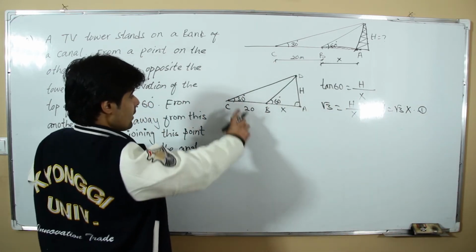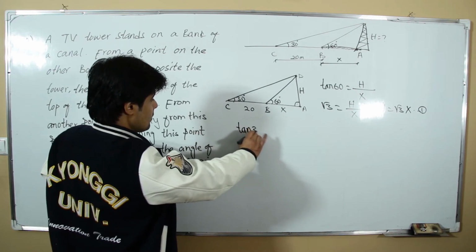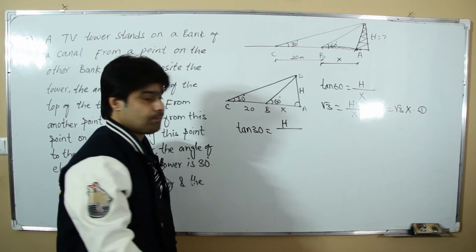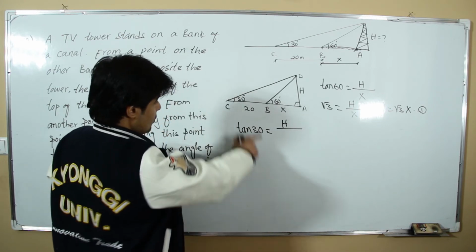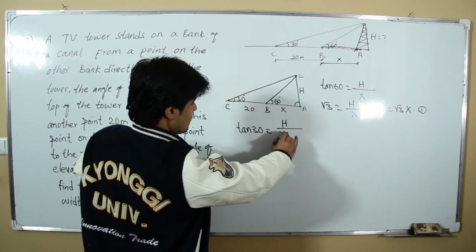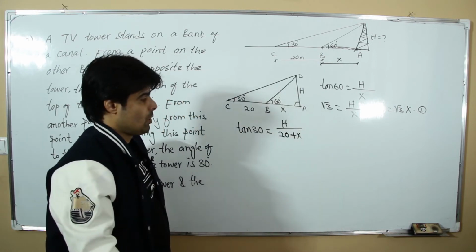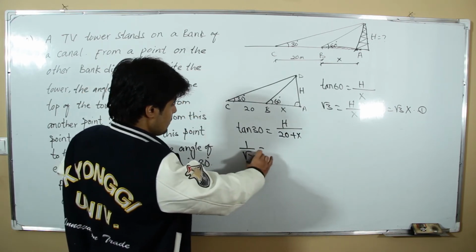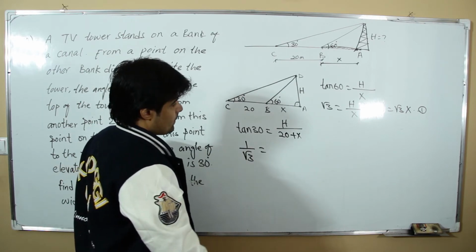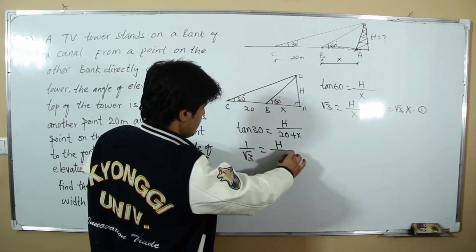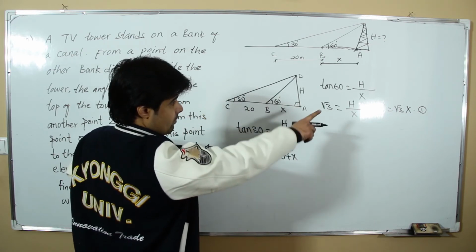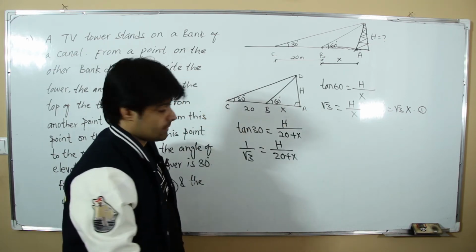If we want to define tangent 30 degrees, it is opposite h divided by adjacent 20 plus x. What is tangent 30 degrees? It's 1 divided by root 3. Am I right or not? Yes. H divided by 20 plus x. And instead of h, you can put root 3x.